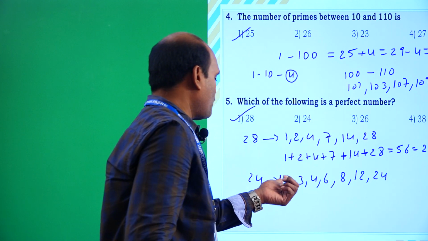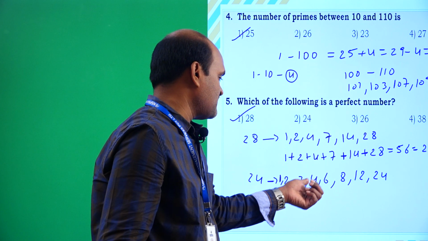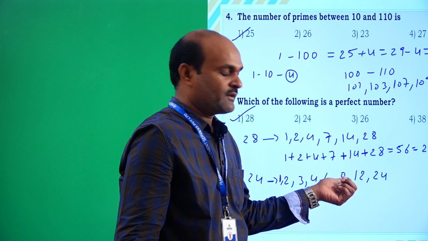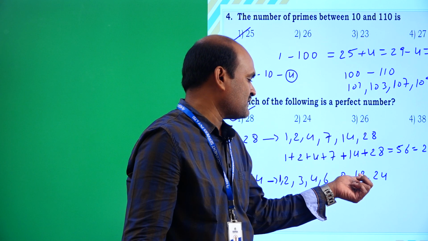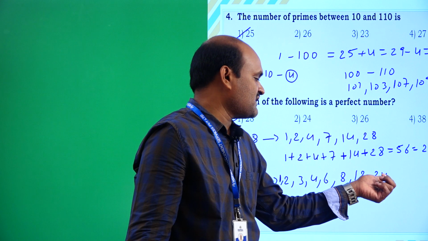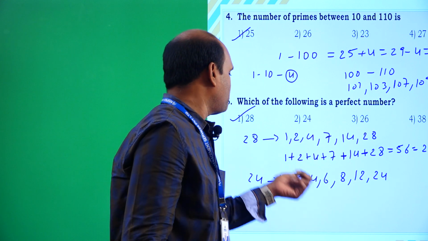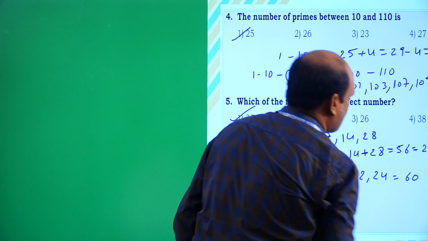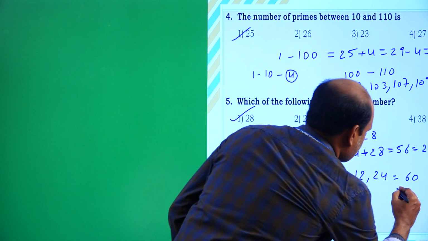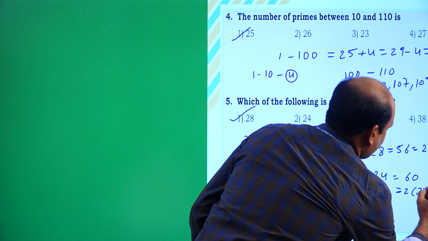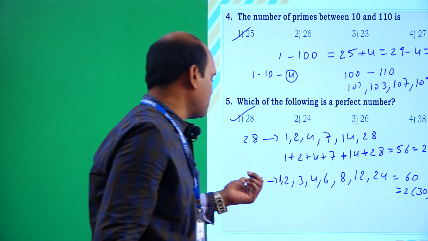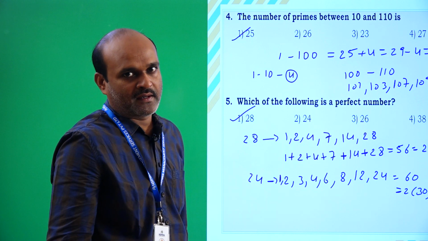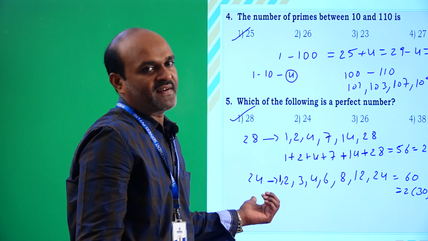If you add, 1 plus 2, 3, 3 plus 3, 6, 6 plus 4, 10, 10 plus 6, 16, 16 plus 8, 24, 24 plus 12, 36, 36 plus 24, 60. The sum is equal to 60. So this can be written as 2 into 30, right? So the sum of all factors of 24 is not equal to 2 times that number. That's why this is not a perfect number.